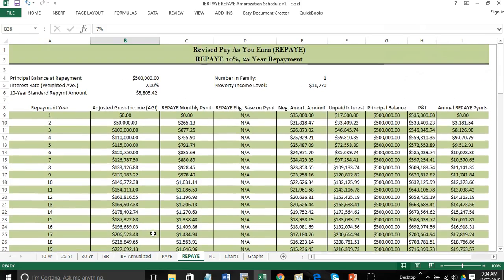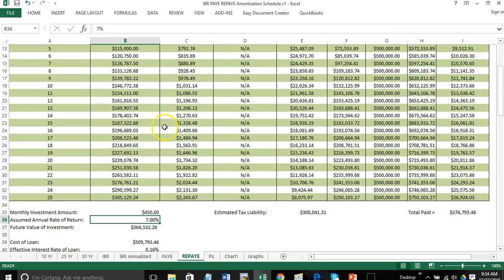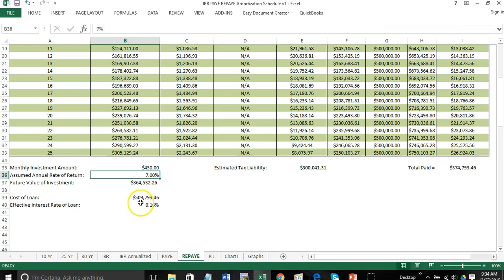Again, just to put this in perspective, you borrowed $500,000, but you only paid back about $510,000, or about $10,000 of interest. That results in an effective interest rate of about 0.2%, or 16 basis points.